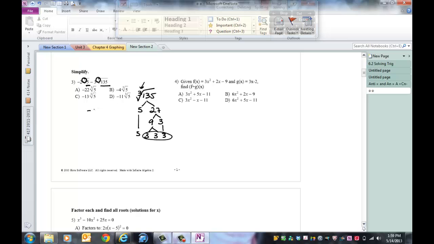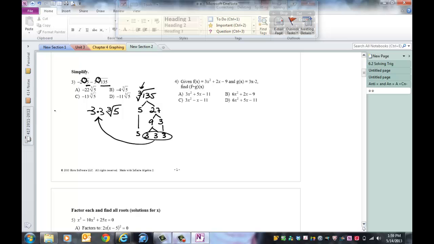So looking at this second term, I have negative 3, and the cube root of 135 breaks apart into this group of 3 that allows me to bring a 3 out. I still have the cube root, and because this 5 did not have 2 other partners, it's alone, it cannot be pulled out, that 5 stays in.